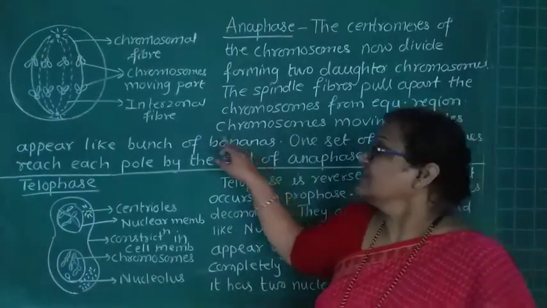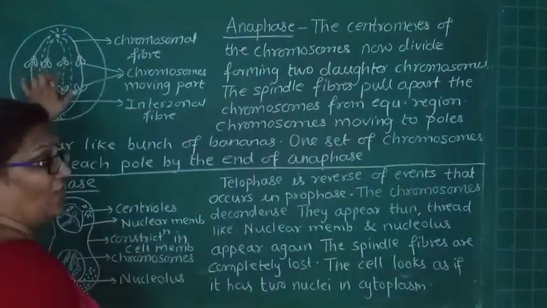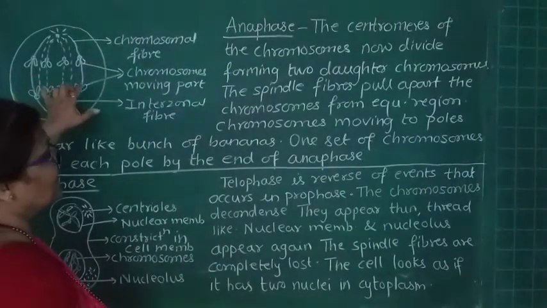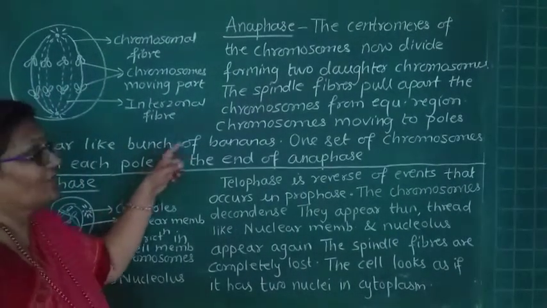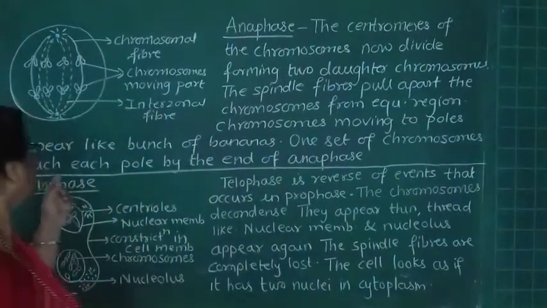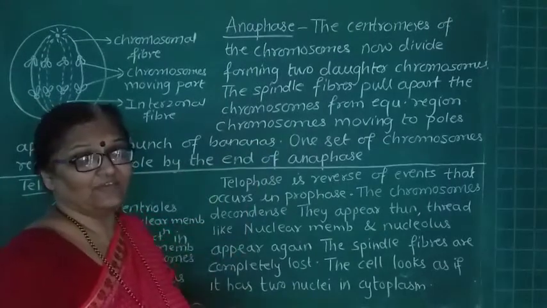Whenever you see this banana-like structure, what happens? One set of chromosomes reaches each pole by the end of the anaphase.